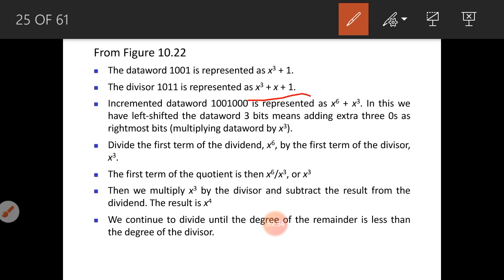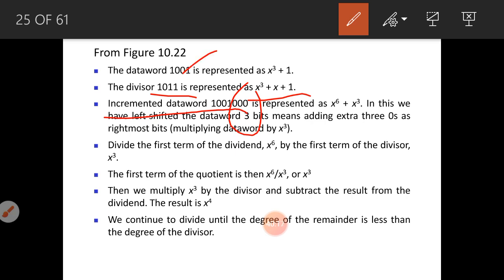After that, in the block diagram you saw the incremented data word. Here, what is the size of the divisor? 4 minus 1 is 3, so 3 zeros we need to append to this particular data word.